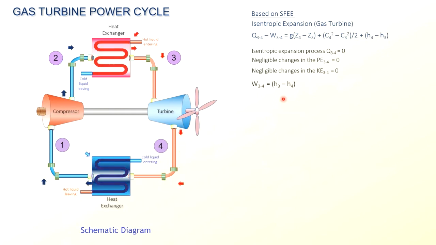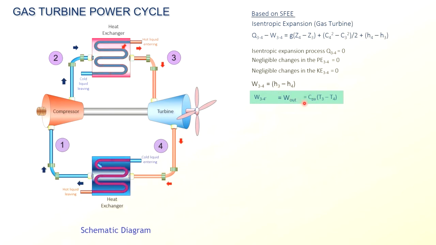We know that internal energy U equals CvT, and H equals CpT. So you can find your work output in terms of enthalpy, or in terms of Cp(T3 minus T4), because we know that H equals CpT, if you refer back to your previous studies.